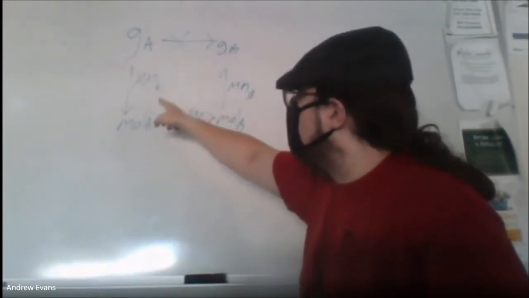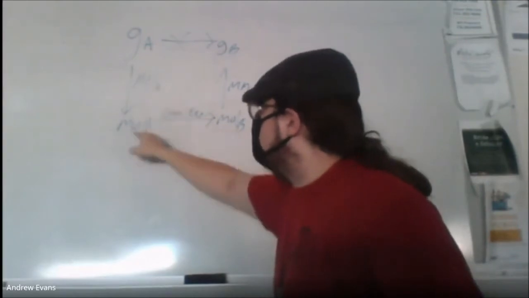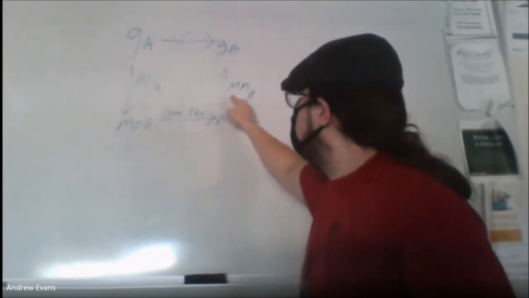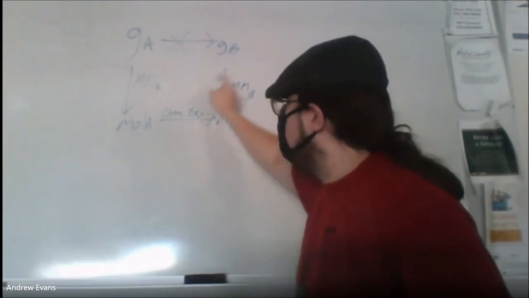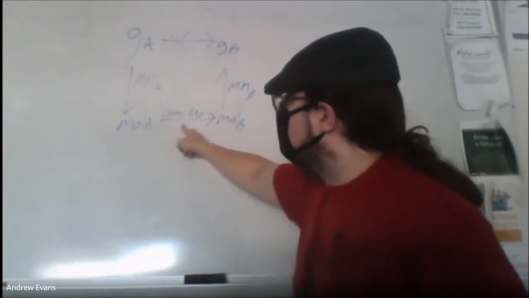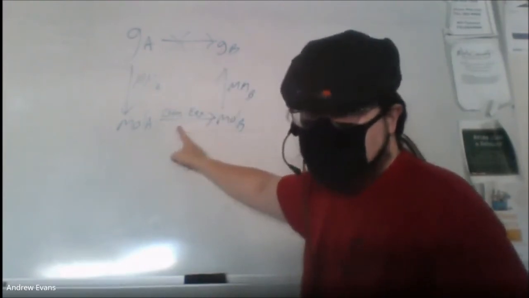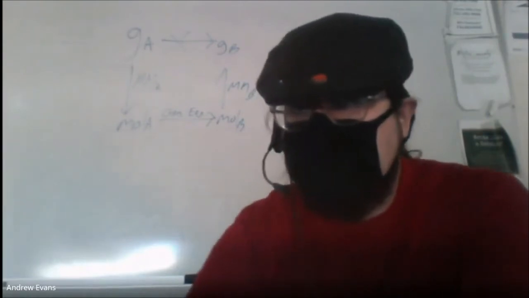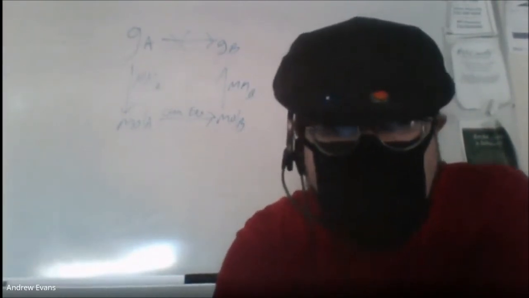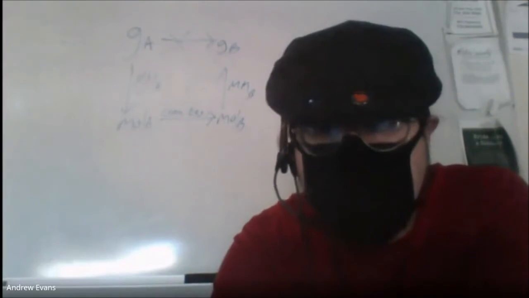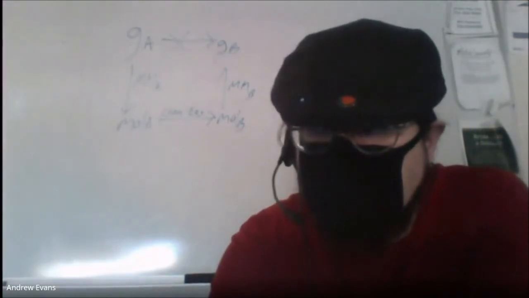To get there, we're always going to use our molar mass to get to moles, our molar mass to get from moles of B back to grams, and in between, we're going to use our balanced chemical equation. And that's the basic premise of what we're doing every time in most of this chapter.